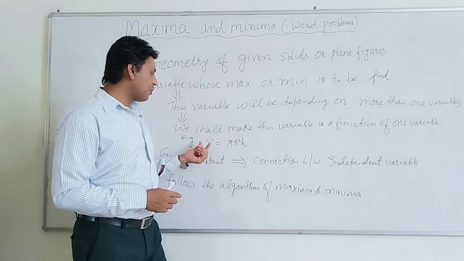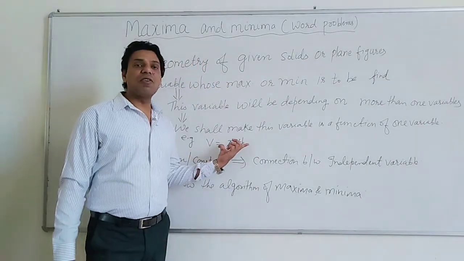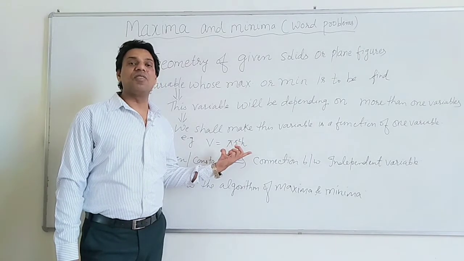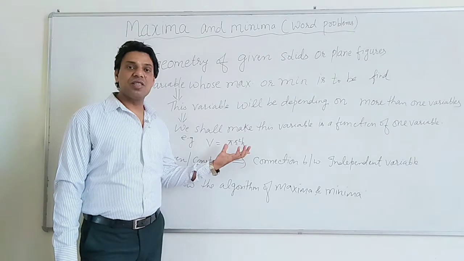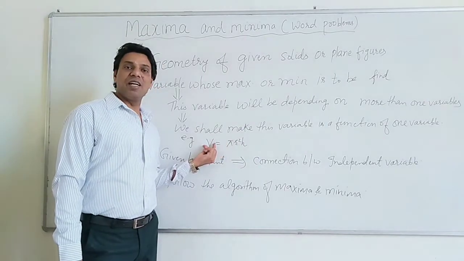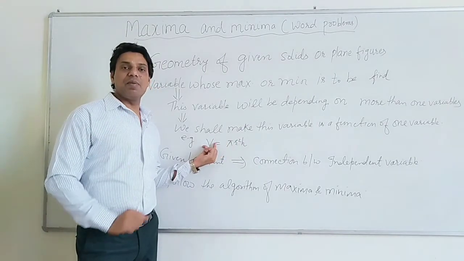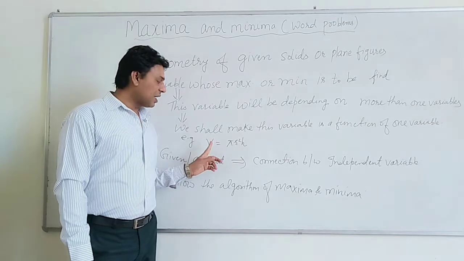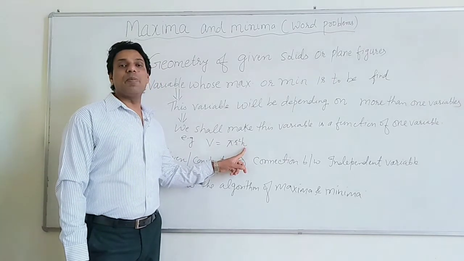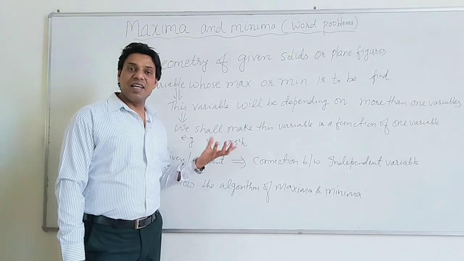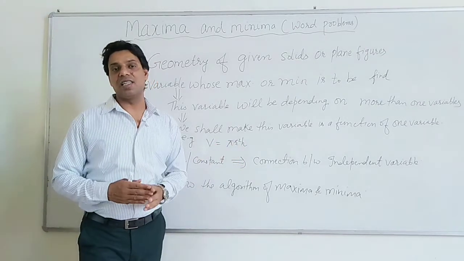For example, suppose in a question I have to find the maxima and minima of the cylinder. So the formula of the cylinder is pi r square h. Now see, V is the dependent variable whose maxima and minima is to be studied, but this dependent variable depends upon two independent variables, that is the radius of the cylinder and the height of the cylinder.